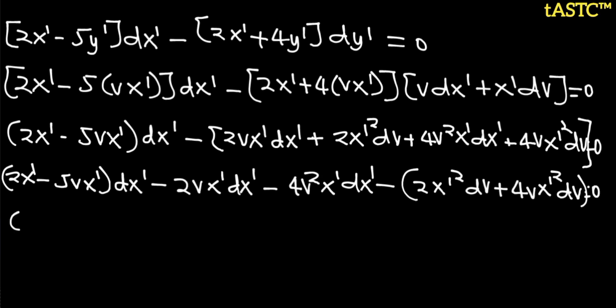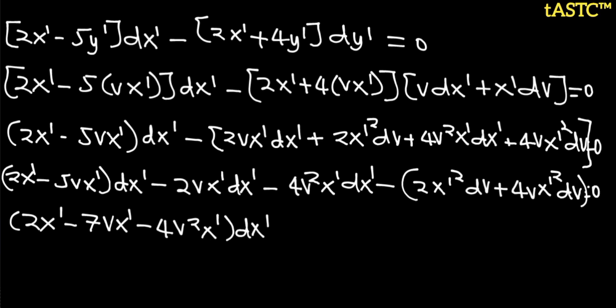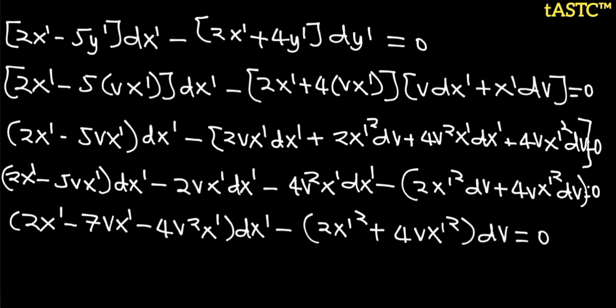So that is going to be 2x prime minus 7vx prime minus 4v squared x prime. You're going to have a dx prime over here. Then on this side, you're going to have minus 2x prime squared, and we should have plus 4vx prime squared, and there will be a dv, and this is equal to 0. So that is what you're going to have there.